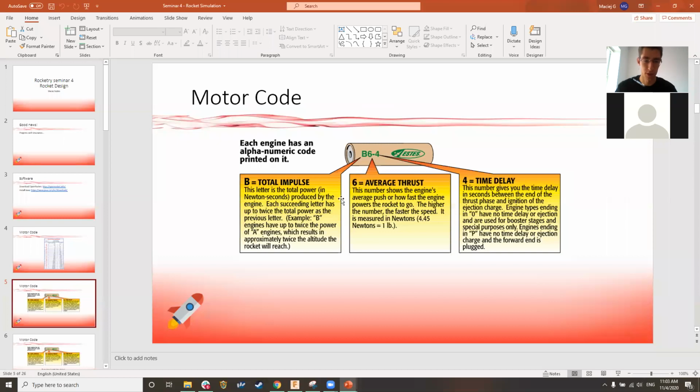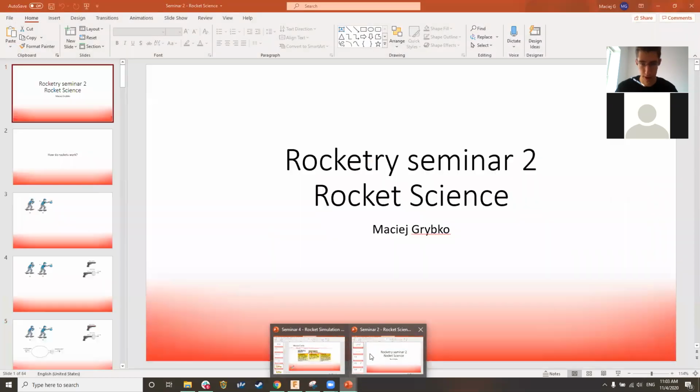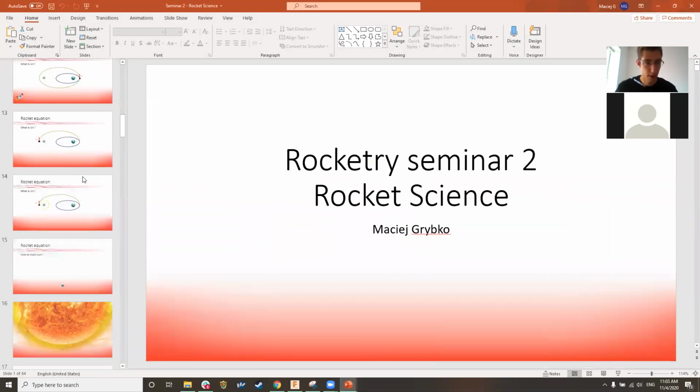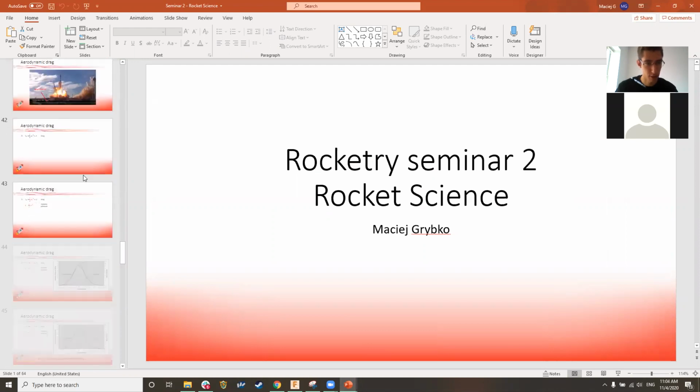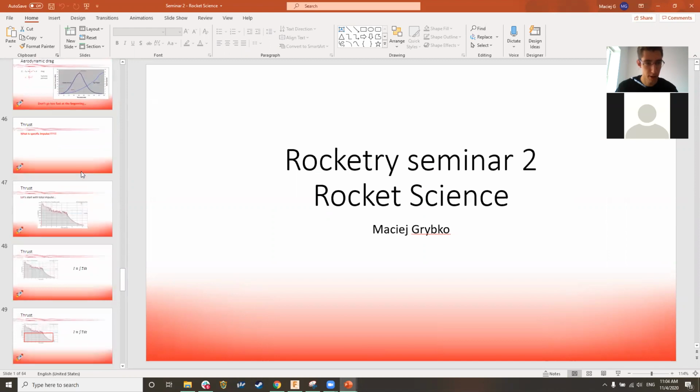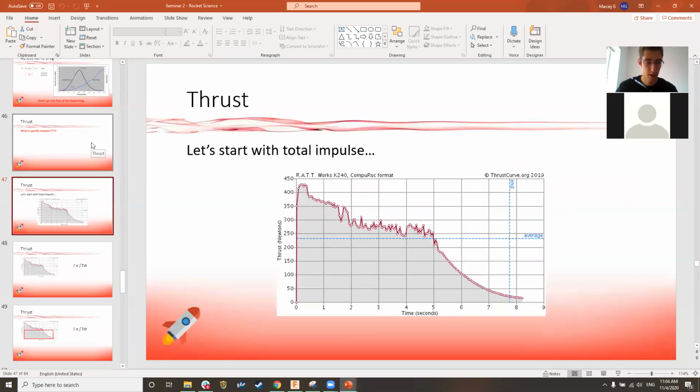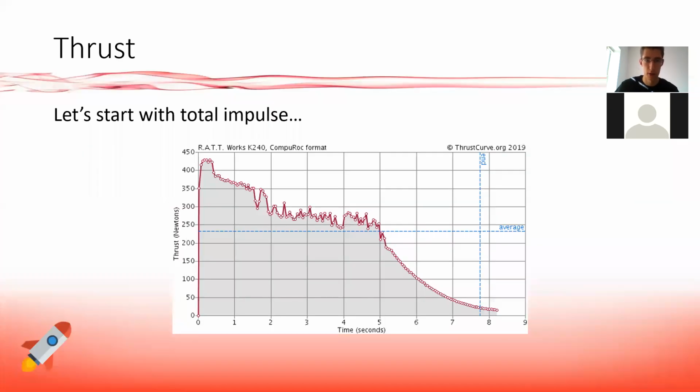So I'm going to start with total impulse just to explain to you guys what that is. Just using my slides from last year. Okay, there we go. So what you see in here is a thrust curve. You'll get to see that a lot. Every motor has its thrust curve.